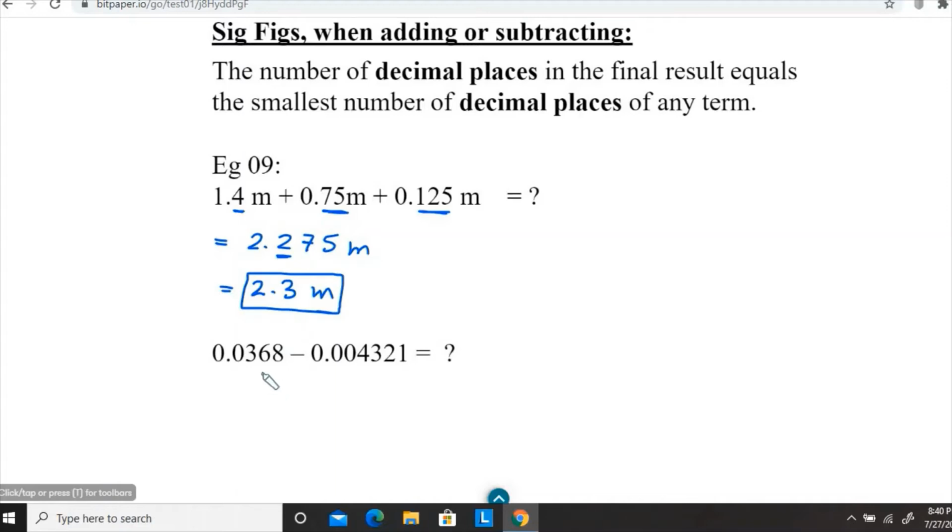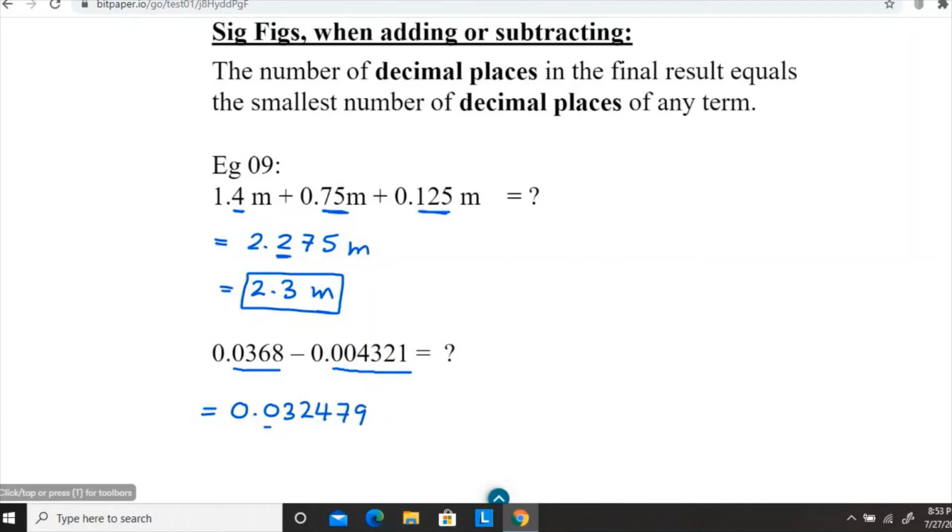Similarly, if we have two numbers to subtract, we look at the number with the smallest decimal places. For example, here we have 4 decimal places, and this number we have 6 decimal places. So the result of this subtraction will have 4 decimal places. So the result is 0.032479.